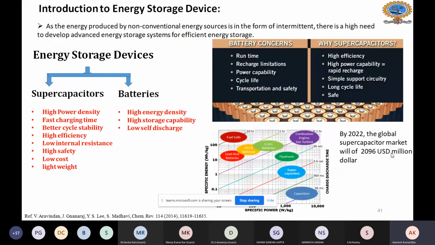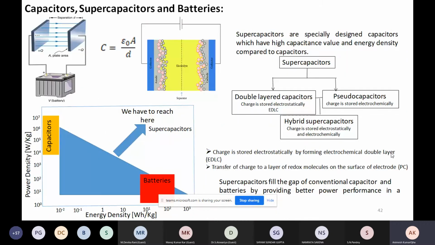Now see here, this slide is telling you the basic definition of the supercapacitor. The first one shows a normal capacitor where the two plates are connected by a battery, and the energy is stored in the form of an electric field between these two plates.